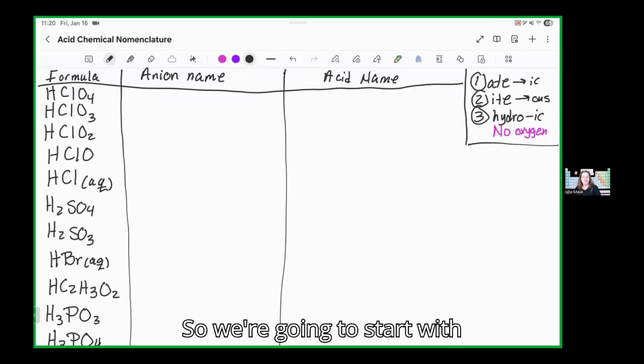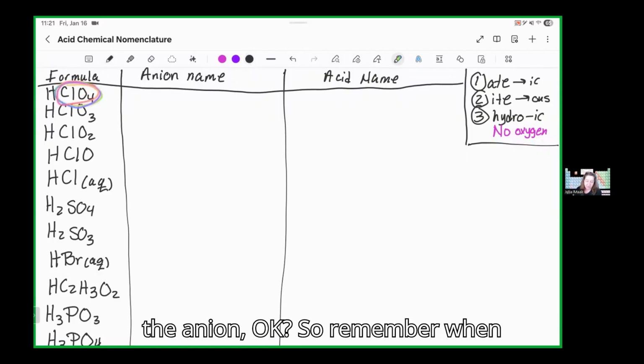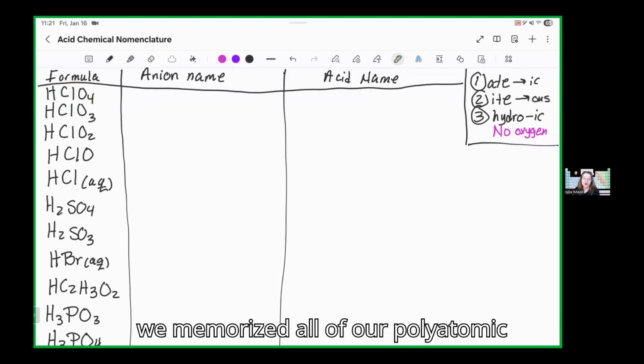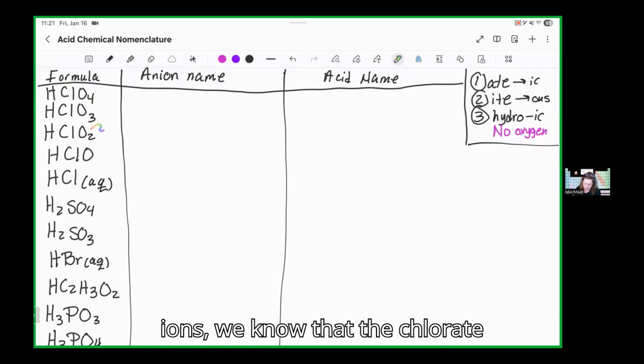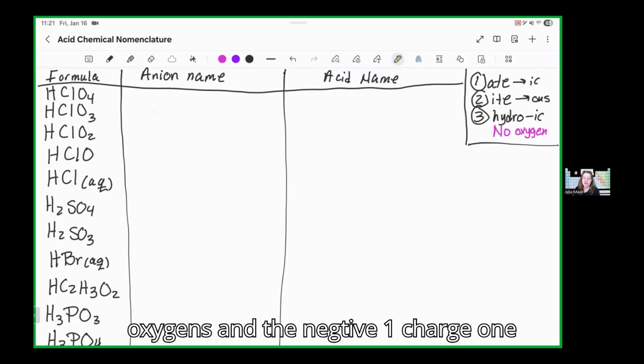So we're going to start with that first one, HClO4. We ignore the hydrogen and just look at the anion. Remember when we memorized all of our polyatomic ions, we know that chlorate has three oxygens and the -1 charge.